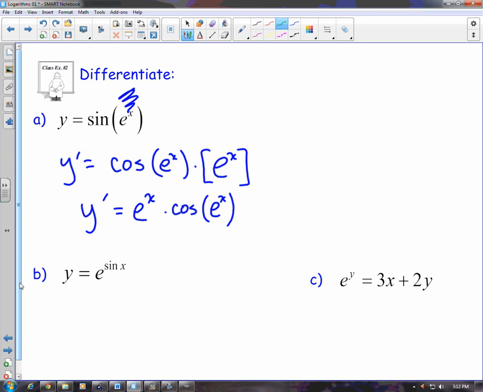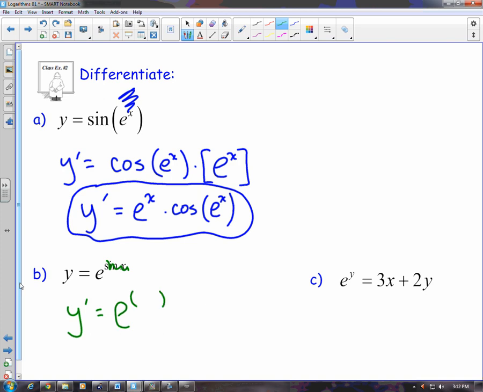Okay. So, yeah, we're done there. Let's put a little box around it. Okay, so y is equal to e to the something, right? What's the derivative of e to the something? It's e to the something multiplied by the natural log of e.